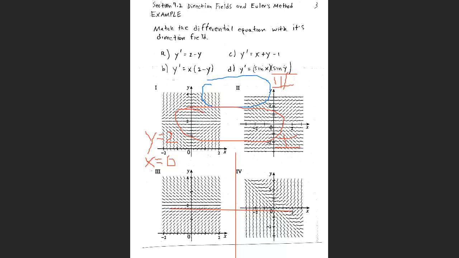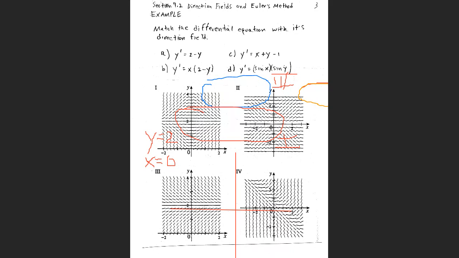Okay. Now, what about here for C? For C, let's see here. When is y prime equal to 0? Well, it equals 0 when x plus y minus 1 equals 0, right?